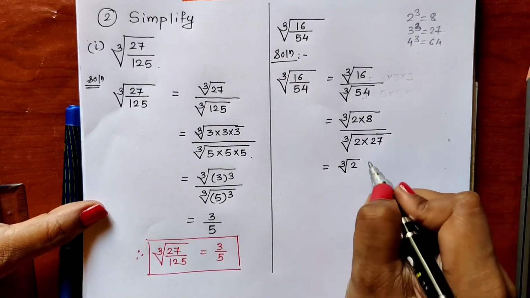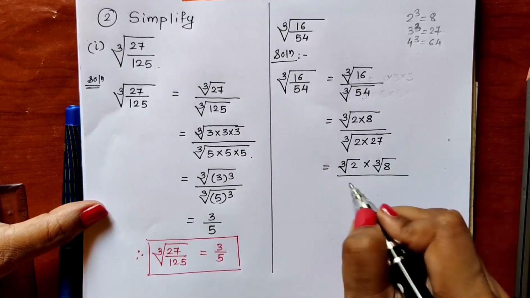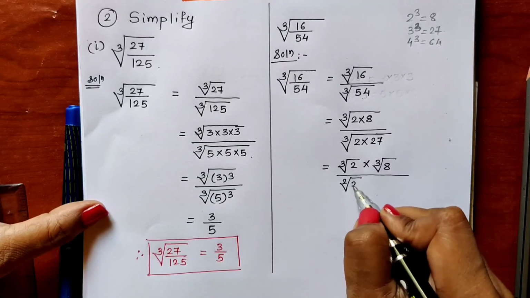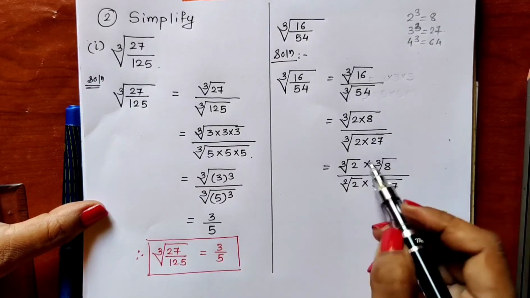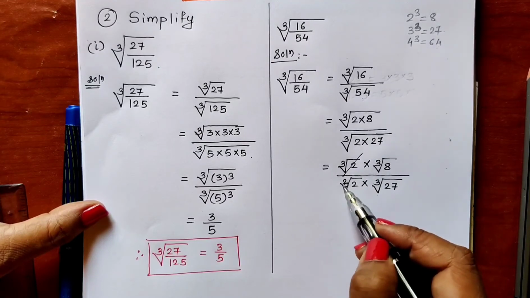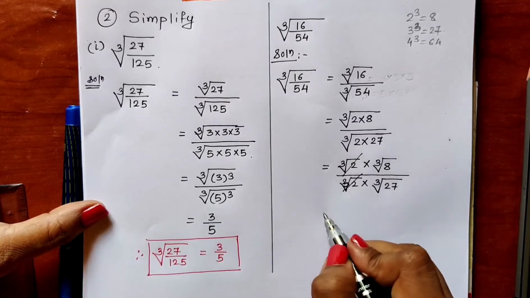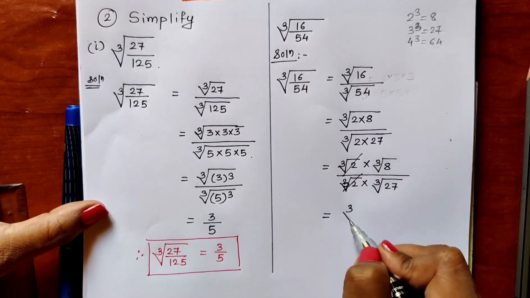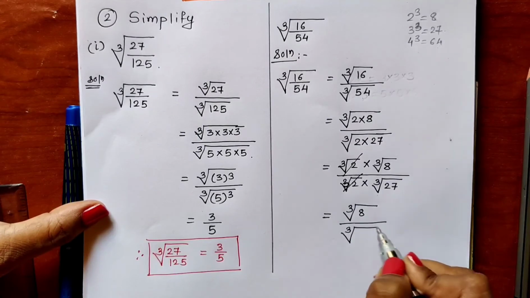Cube root of 2 multiplied by cube root of 8, then cube root of 2 multiplied by cube root of 27. Cube root of 2 and cube root of 2 can be cancelled. What is remaining? Cube root of 8 upon cube root of 27.